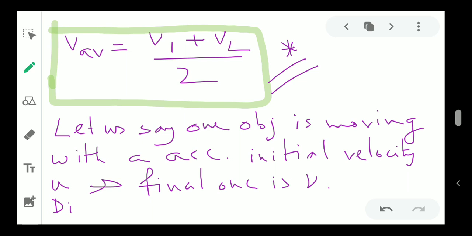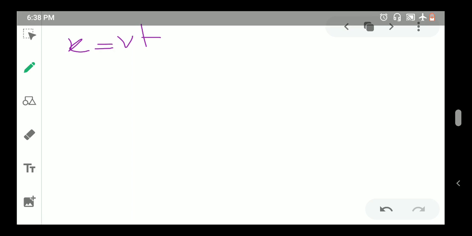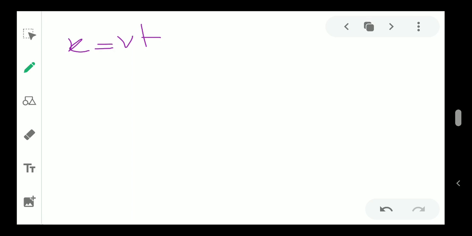So we have to find the distance covered after time t. Now we know only one formula, that is x equal to vt, but this formula is only for the cases when there is no acceleration.